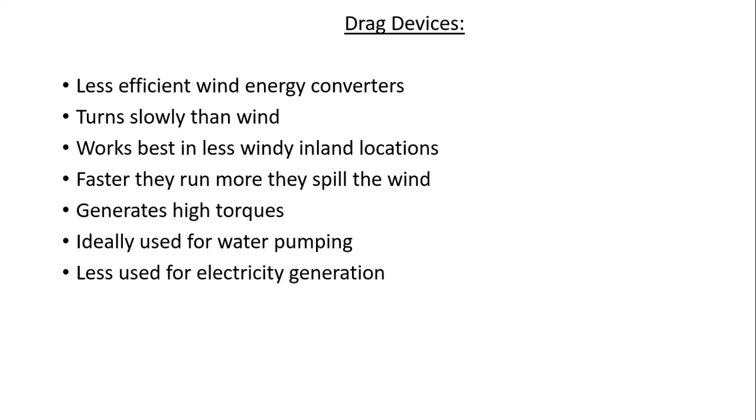They are not suitable, or at most less suitable, for electricity generation, because electricity generation requires high rotational speeds, around several thousand RPMs. These cannot be achieved by drag devices, so they are not suitable for electricity generation.